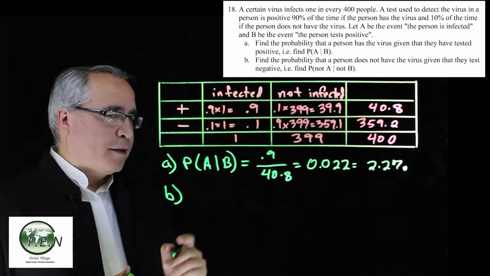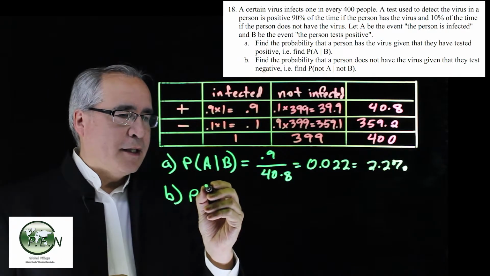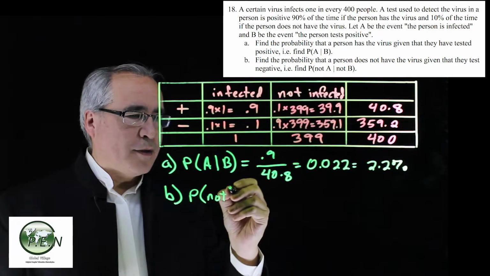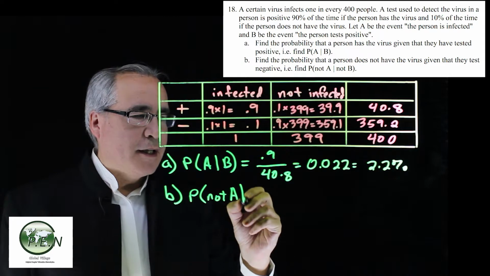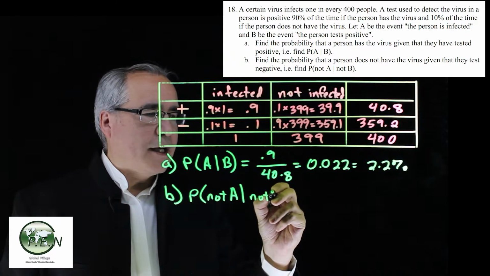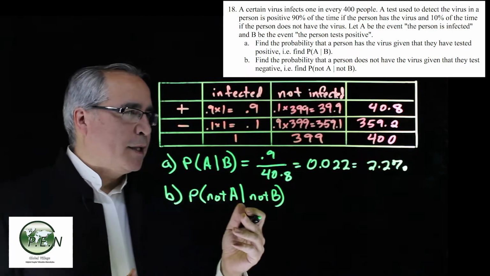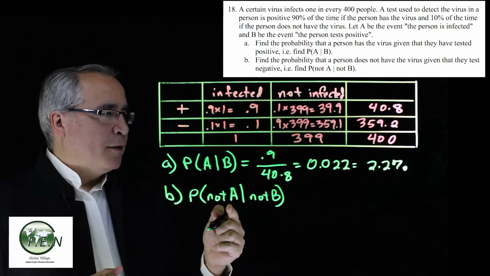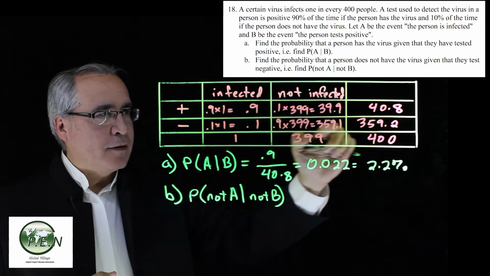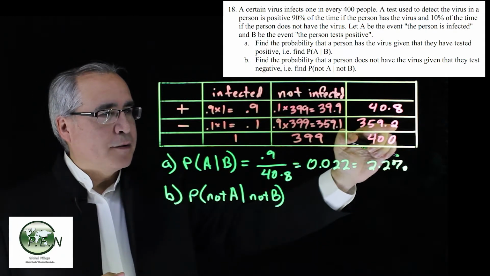The B part is going to ask the probability that, sort of the reverse, not A given not B. Now what's not B? Not B would be that the person would have tested negative. So we're going to be dealing with this row here, the negative row.